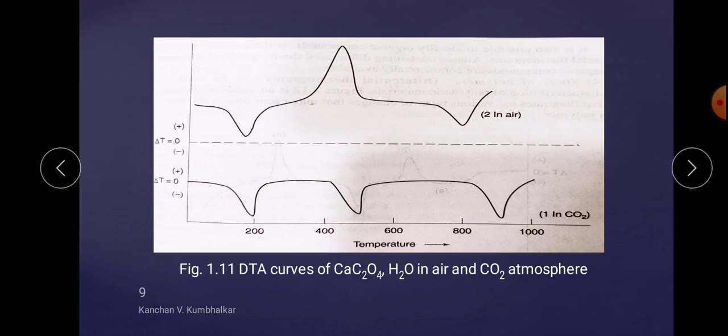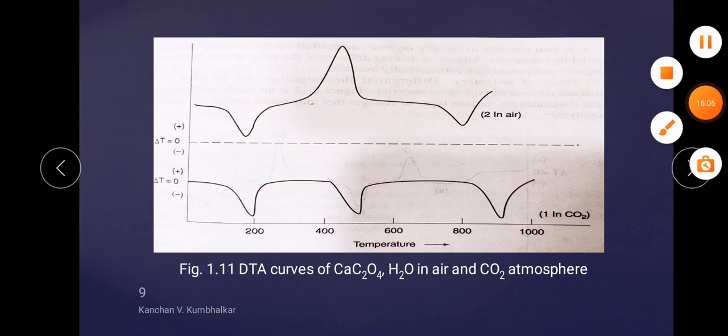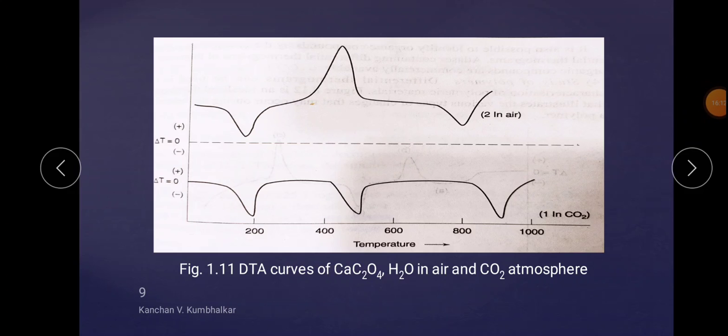This is the DTA curve of calcium oxalate monohydrate in two different atmospheres. The first curve indicates the results observed in the presence of air as the atmosphere, and in the second curve, CO2 is used as the atmosphere.